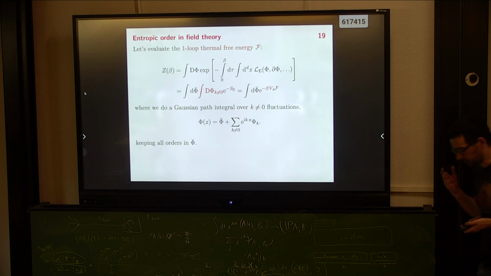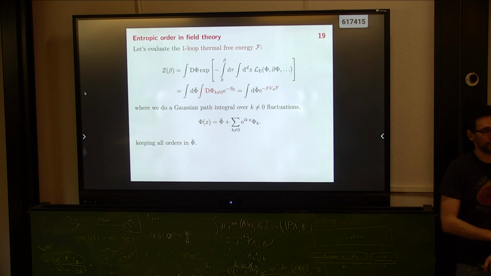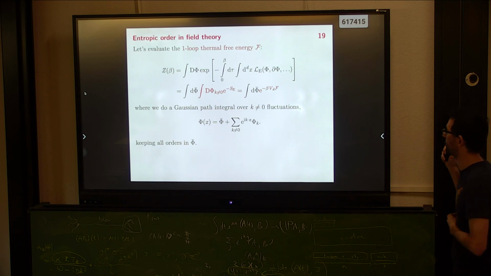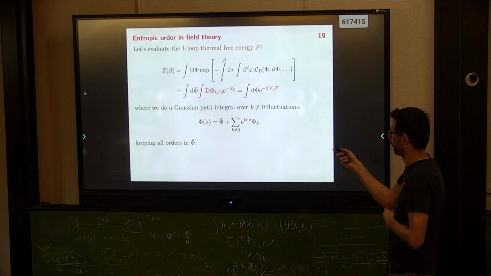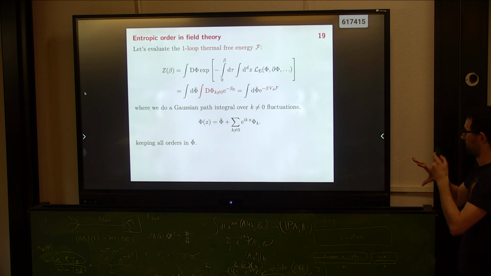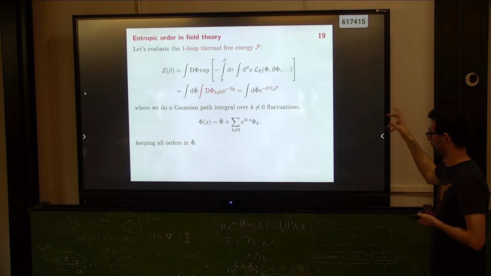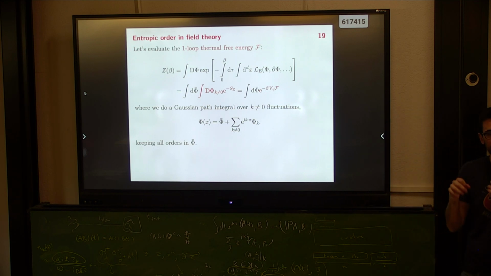There's a standard way that one often tries to do this in quantum field theory, which is to evaluate a one-loop effective potential. Here, this is a one-loop thermal free energy. The way we'll do that is we will take our fields phi of x, separate them into the 0 modes and the finite wave number modes, and do a Gaussian path integral over the finite wave number modes. As long as the vacuum, so to speak, is translation invariant, we might hope that this is a reasonable approximation.